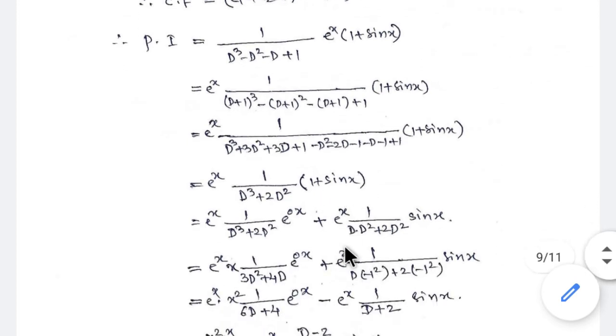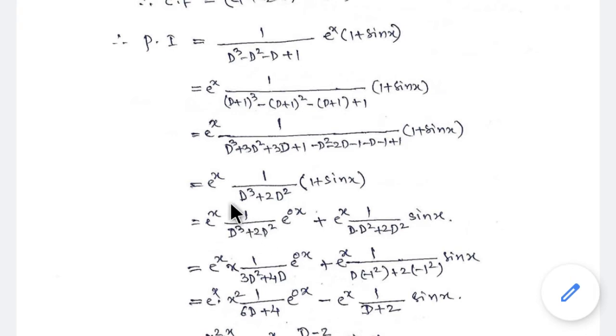So e raised to ax into, you can separately write, operating on 1 separately and on sin x separately. First you write e raised to x into 1 by D cubed plus 2D squared operating on 1. This can be written as e raised to 0x.